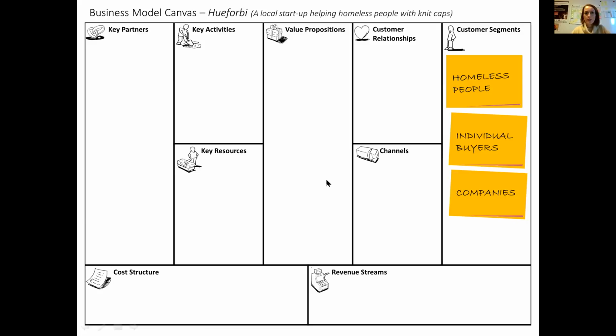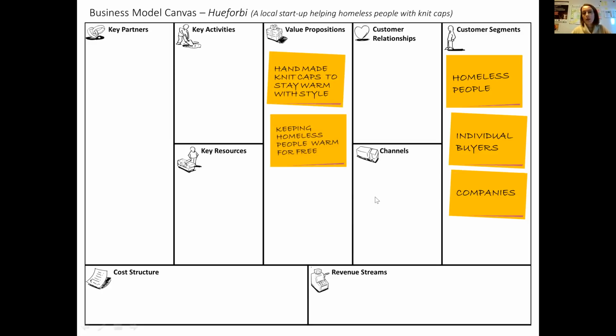Yes, let's have a look at what we have here. We have two different value propositions. For commercial customers, we provide the distinctions of our knit caps from the ones in the market. Handmade knit caps to stay warm in style.